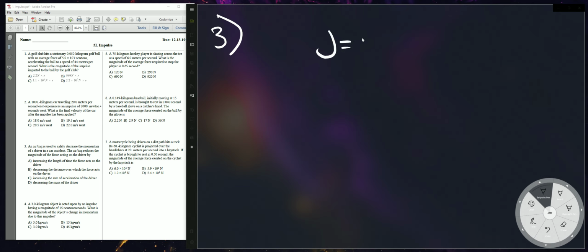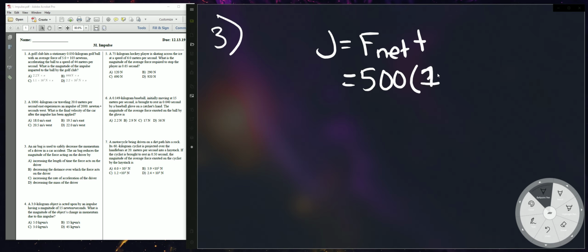Well, we know impulse is also equal to F net times t. If I apply, let's say, a force of 500 newtons over just 1 second, my impulse is 500 newton seconds.